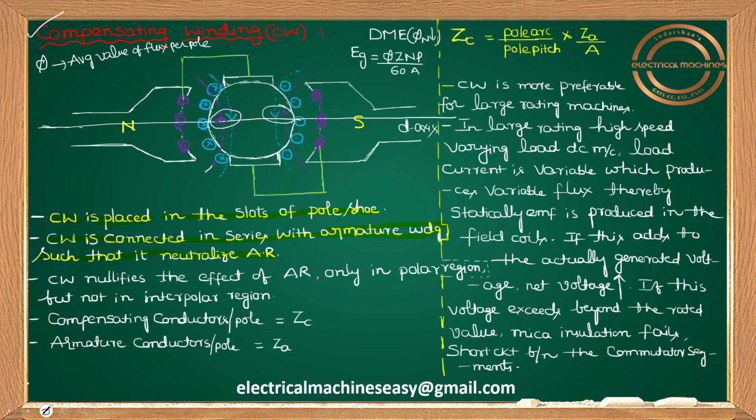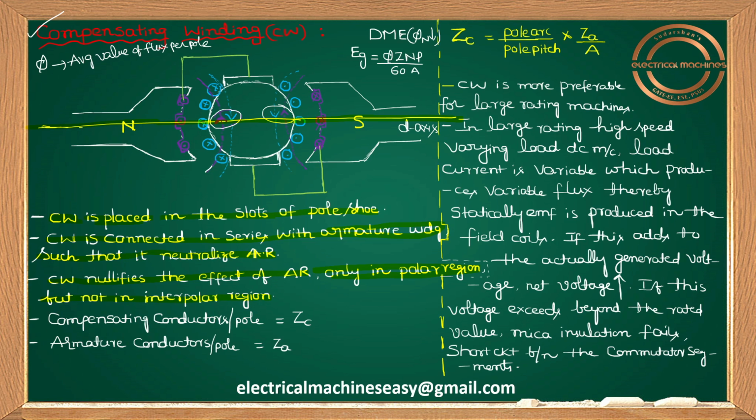But try to understand, this effect is there only in the polar region. You should not forget that. The compensating winding nullifies the effect of armature reaction only in the polar region, that means along the d-axis, but not in the interpolar region.